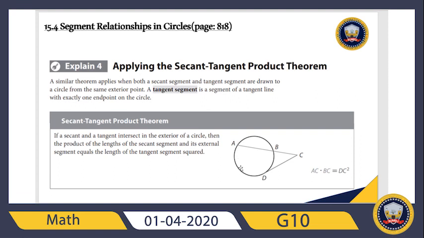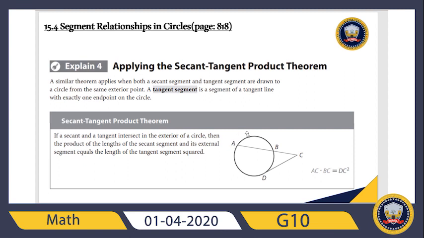Okay, so the theorem of secant to tangent says, in this example, AC times BC will be equal to your tangent segment squared.